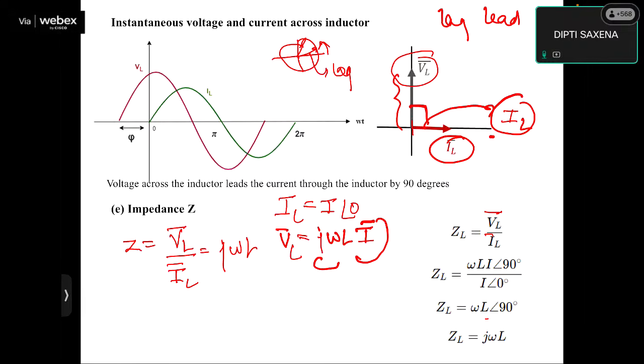No. The sign convention of lag and lead angle depends upon the reference phasor you have taken. So, if I have taken IL as the reference phasor, I can see VL is ahead of IL in counterclockwise direction by an angle of 90 degree. That is, VL leads IL by an angle of 90 degree.